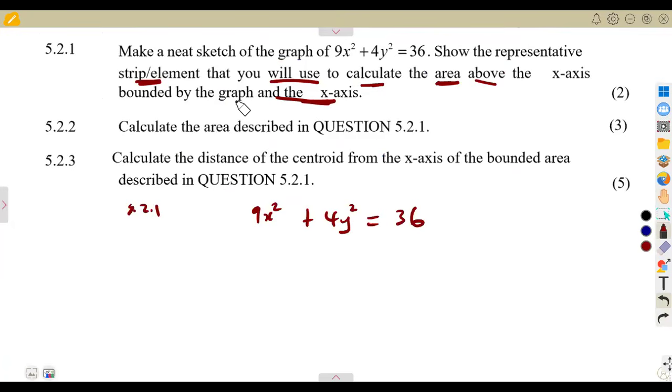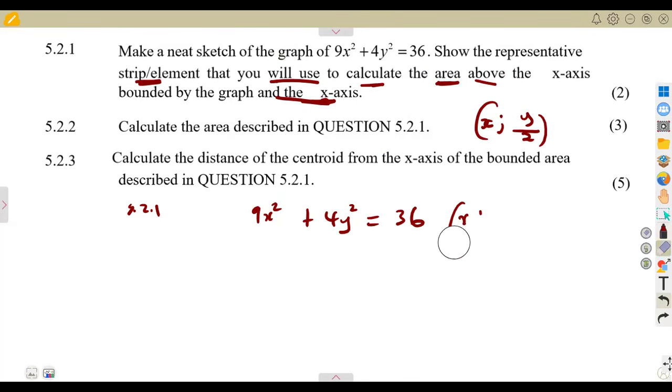Bounded by the graph and the x-axis, when you're dealing with centroids, this one for area moments, it means the x is the one that is not affected. Y is the one that is affected. So it's going to be y over 2, just like that. If they say this and the y-axis, it means the y-axis is the one that is not affected, but x is affected. So it's going to be x over 2, just like that.